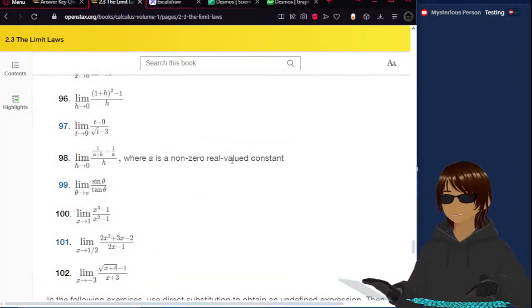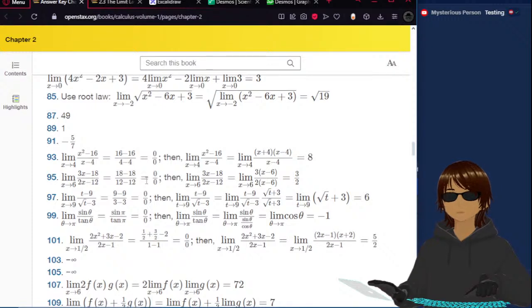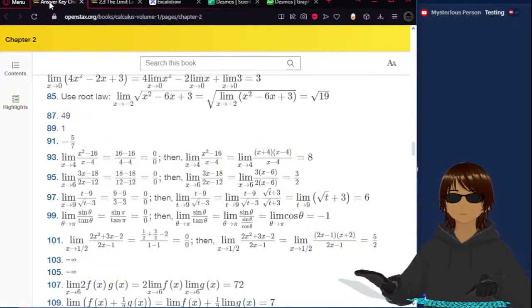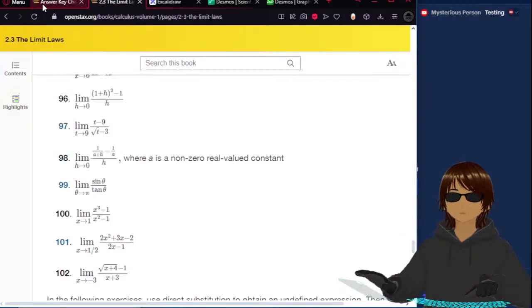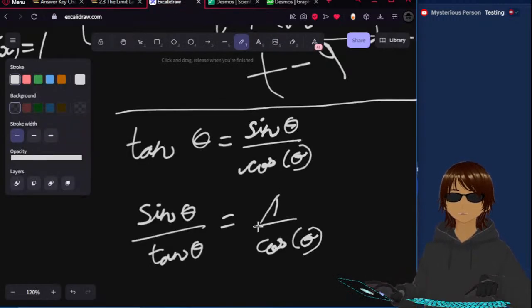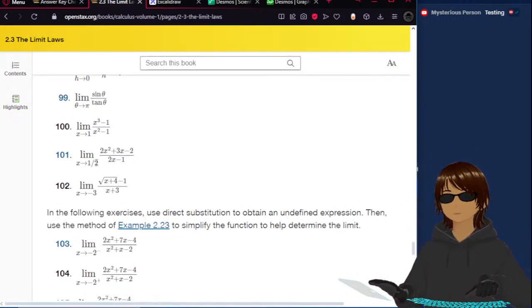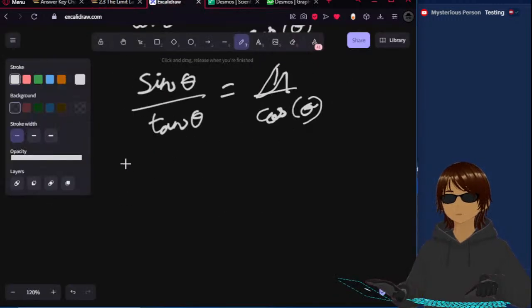And cos pi is 1, so the answer should be 1. Yeah, you told. Oh, it's a negative 1 actually. Yeah. So 1 over cos. It's just cos. Next.